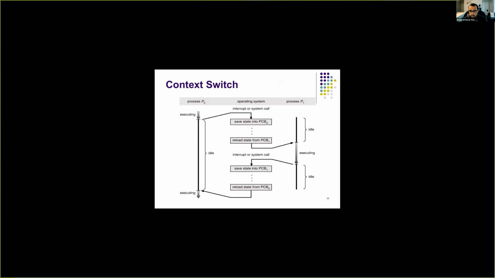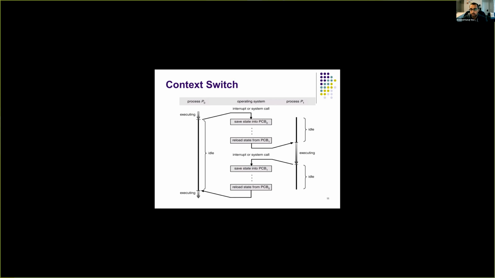Then it reloads the state from PCB1, assuming there are only two processes in the system, and starts executing P1. And when P1 yields the CPU back again, it saves the state to PCB1, reloads the state from PCB0, and starts executing process 0. So this is how the context switch happens in principle.